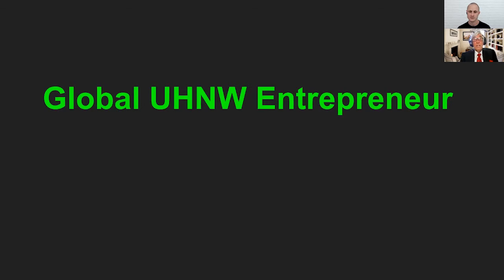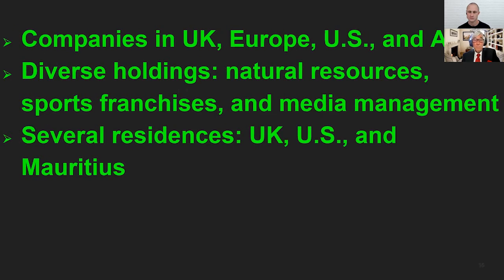So again, same situation. What's different are the assets. Here we have another, we call him an ultra high net worth entrepreneur. He had companies in the UK, Europe, US, and Africa, very diverse holdings: natural resources, sports franchises, media management.